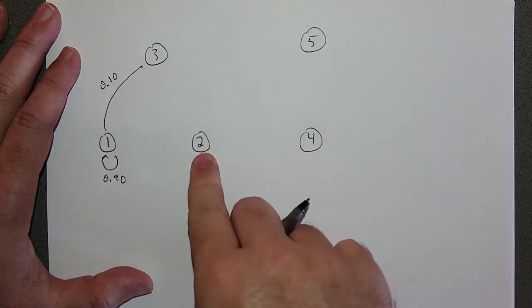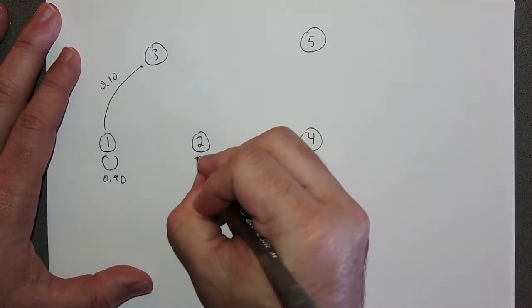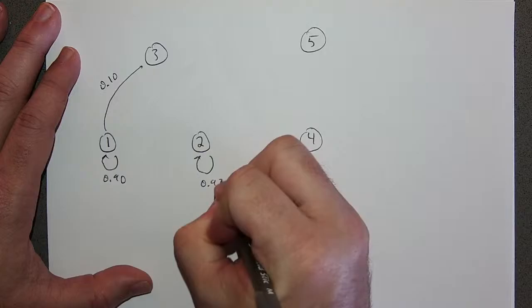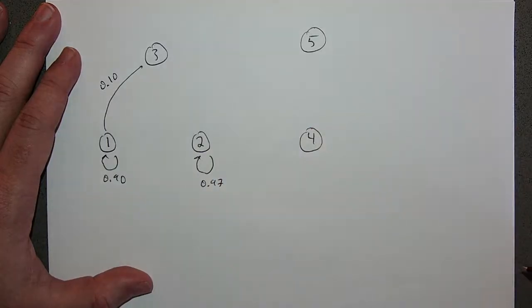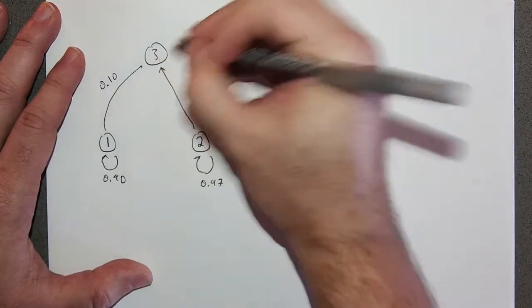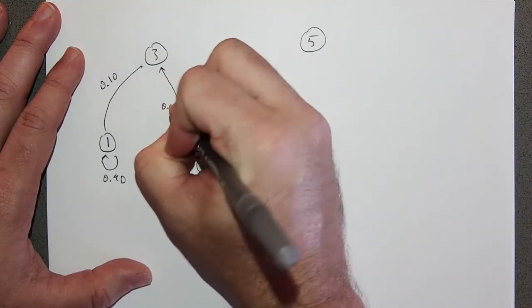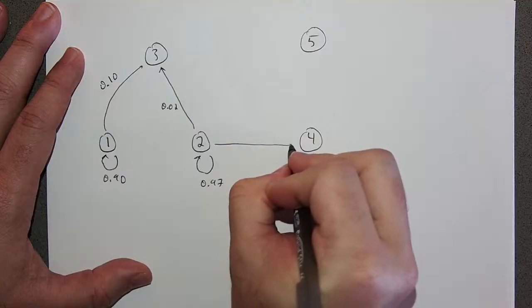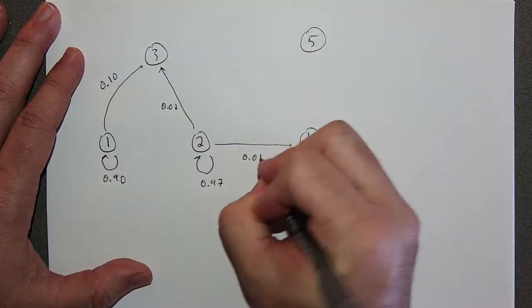For 2, 97% stay, 2% move to 3, and 1% move to 4.